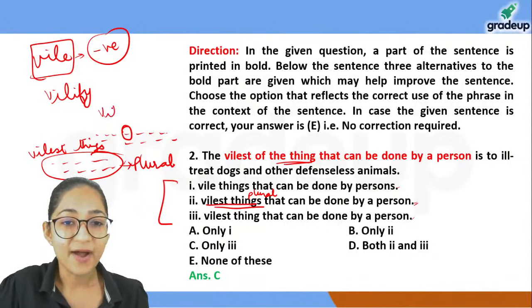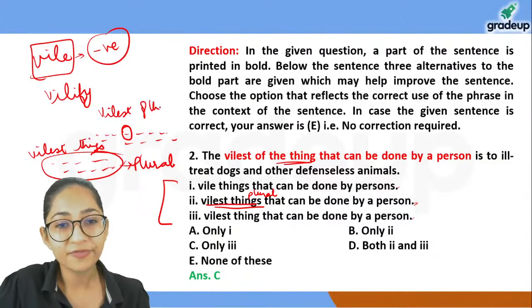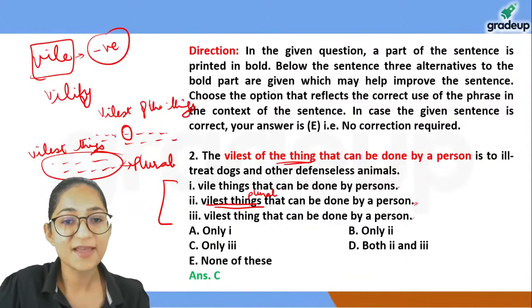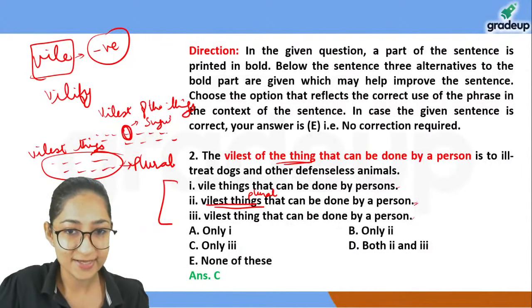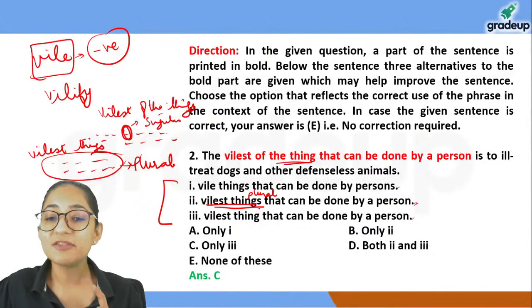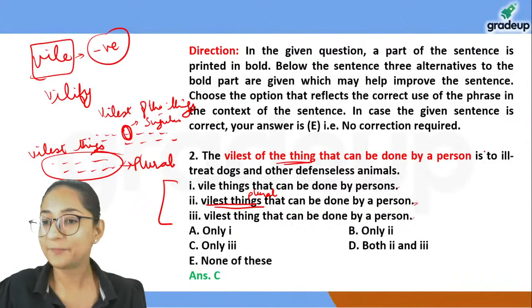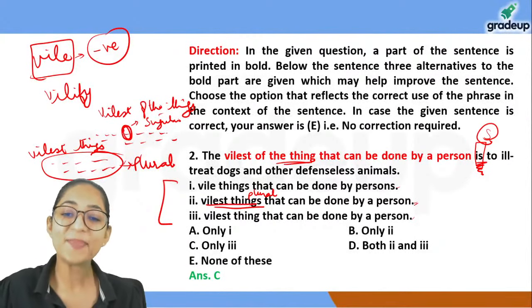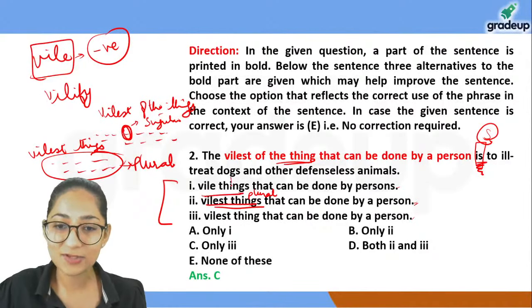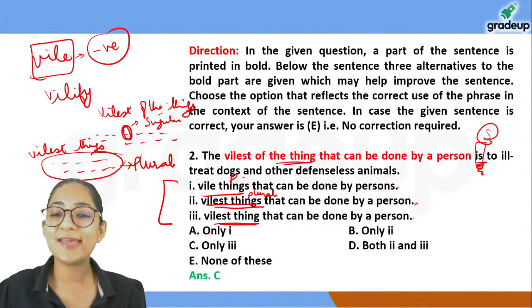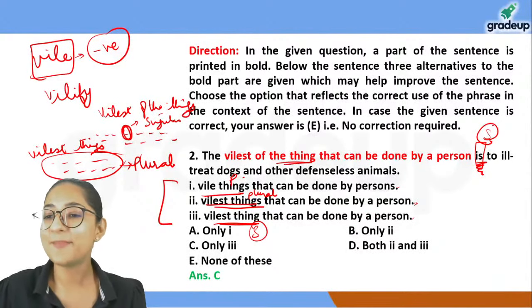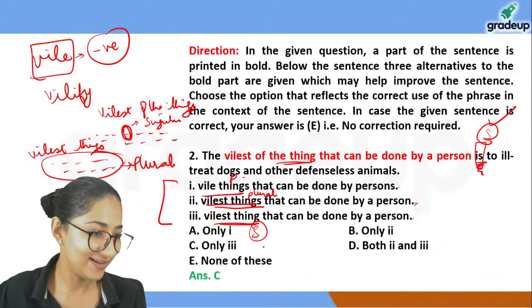When I say the vilest of the things, that means there are many things, and out of them, there is one which is the vilest, so I'm talking about singular. Since you say vilest things, it is plural. It cannot go along with your singular verb. You need singularity. Here also it says the vile things, which is also plural. The vilest thing that can be done by a person is to ill-treat dogs. This is singular, matches well with our verb, and hence is the clear answer.